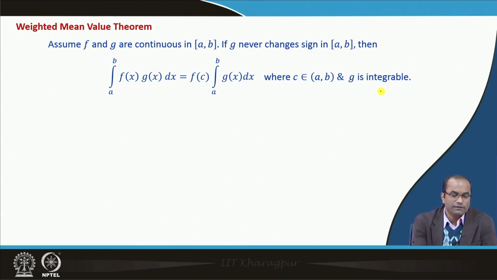So, that is the weighted mean value theorem which we require for deriving the formula of the error in trapezoidal rule.